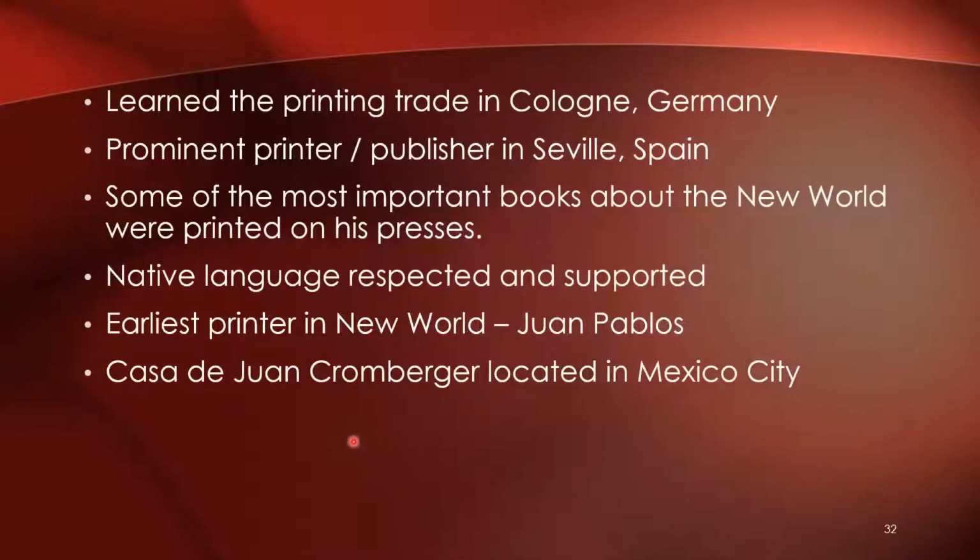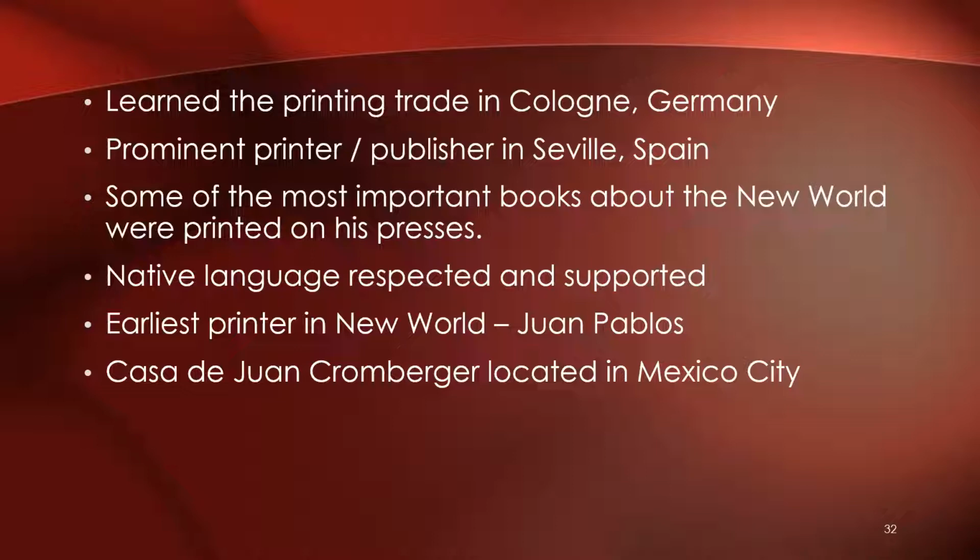So some of the most important books about the New World were printed by Juan Kronberger, who secured the privilege for printing in Mexico and sent over Juan Pablos, who arrived in Mexico City in 1539 and set up a press there that would become known as the Casa de Juan Kronberger.